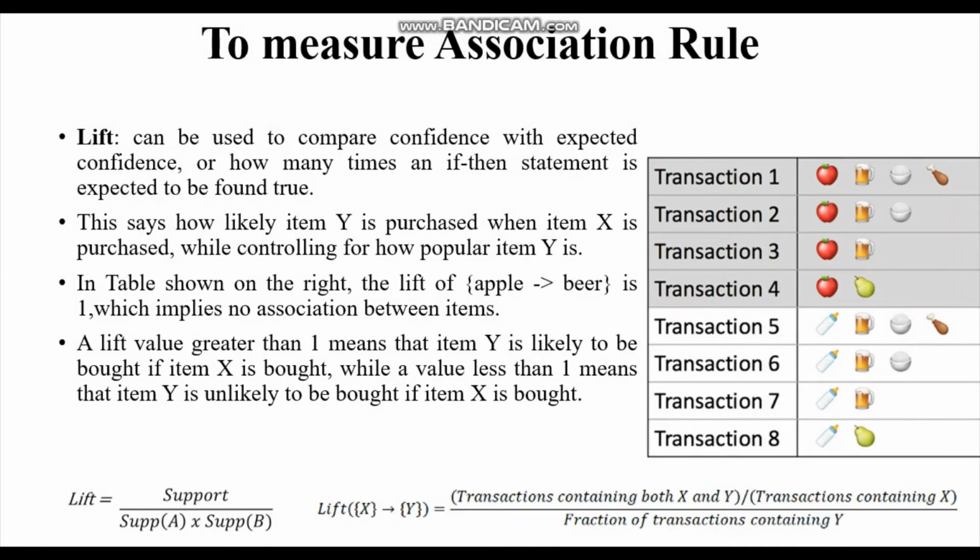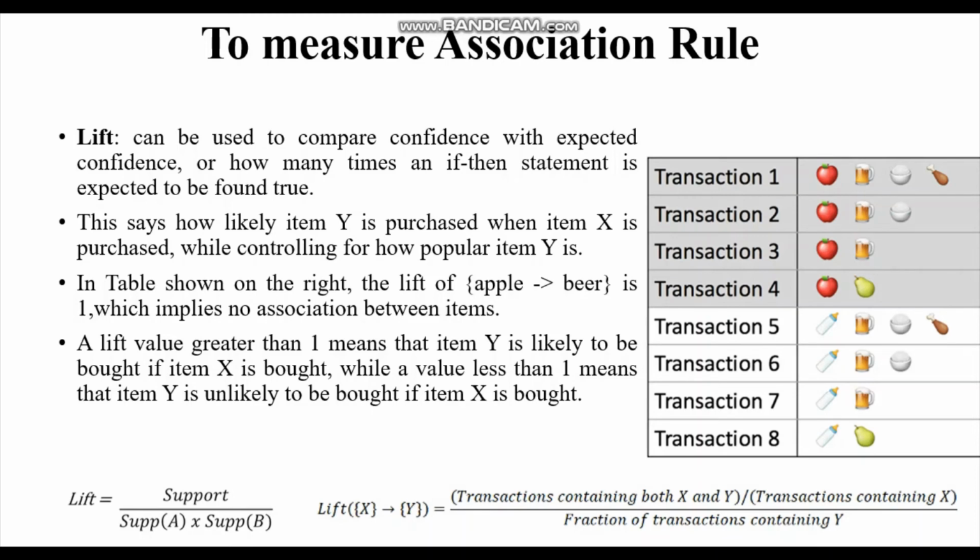For example, this says how likely an item Y is purchased when item X is purchased, while controlling for how popular item Y is. To understand this in a simple way, you can see these transactions on the right side. There are a total of 8 transactions.